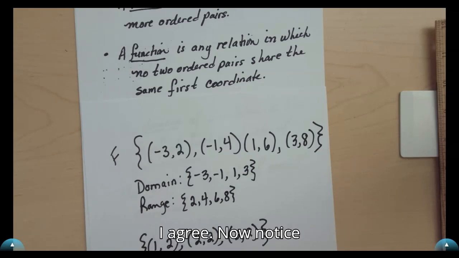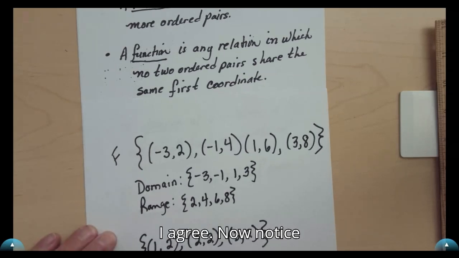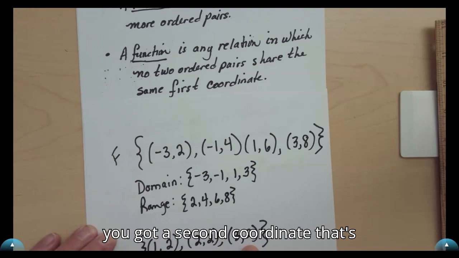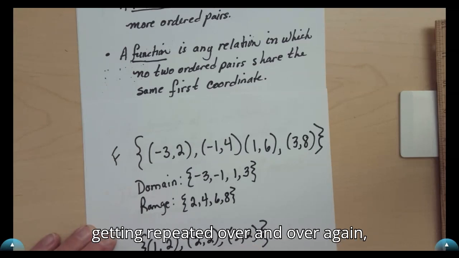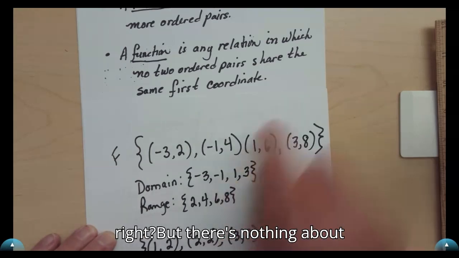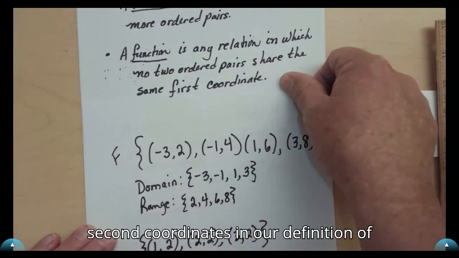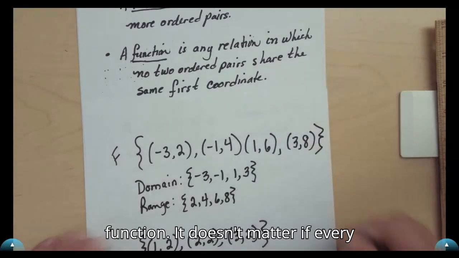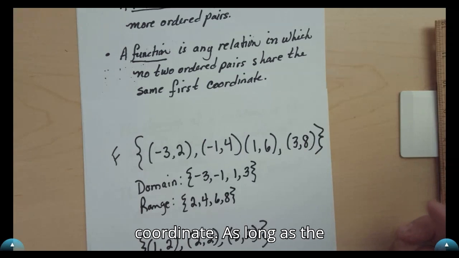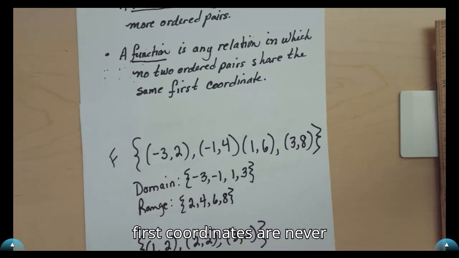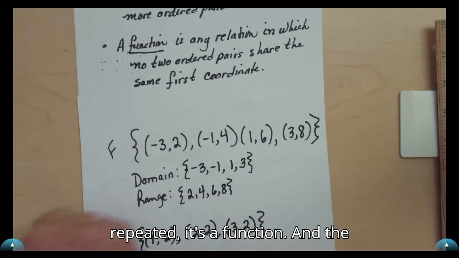Everybody say yes. I agree. Now notice you have a second coordinate that's getting repeated over and over again, right? But there's nothing about second coordinates in our definition of function. It doesn't matter if every ordered pair has the same second coordinate. As long as the first coordinates are never repeated, it's a function.